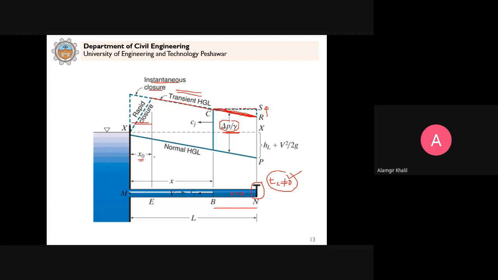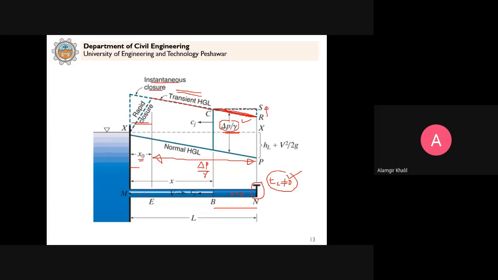All the points on the pipe greater than this x naught will experience this pressure delta P by gamma, the maximum pressure due to water hammer.